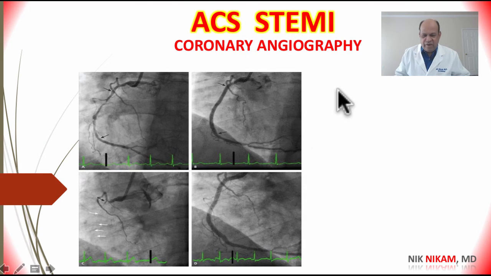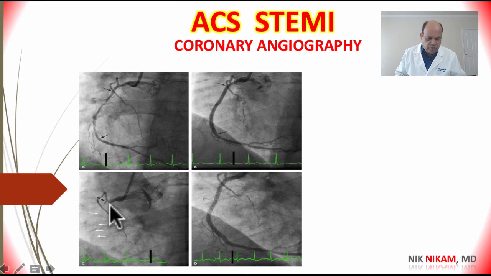Okay, let's look at some coronary angiograms so that we get an understanding of what happens in the cardiac catheterization lab. In the cardiac catheterization lab, a catheter is inserted either from the groin or from the arm into the coronary arteries, and coronary angiograms are performed. If there is a subtotal occlusion of the coronary artery, that can result in an NSTEMI, which is also treated with placement of coronary stents, as you can see in this diagram.